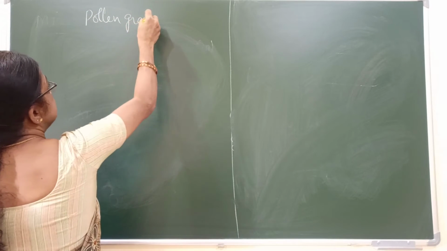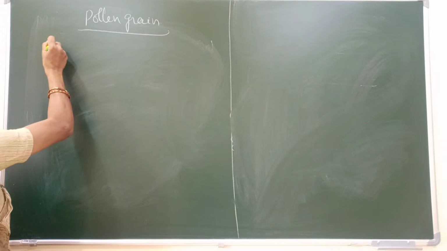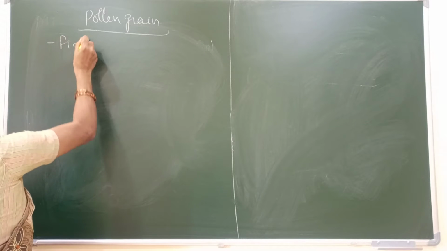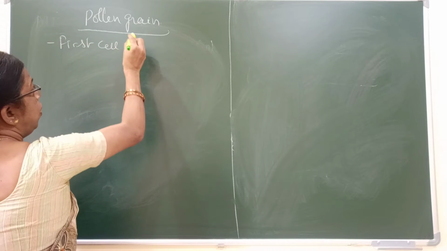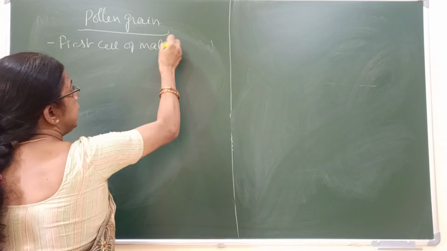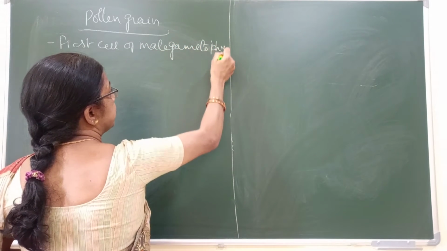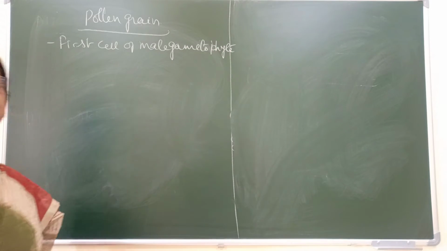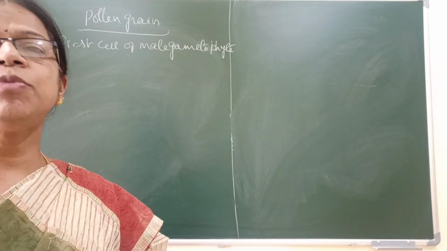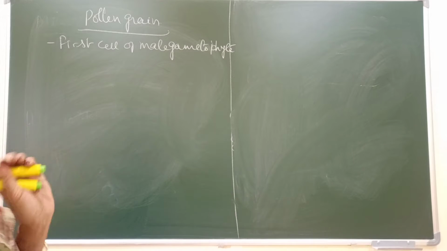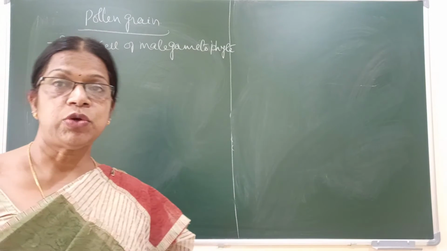Pollen grain is considered to be the first cell of the male gametophyte. Pollen grain is considered to be a male gametophyte.